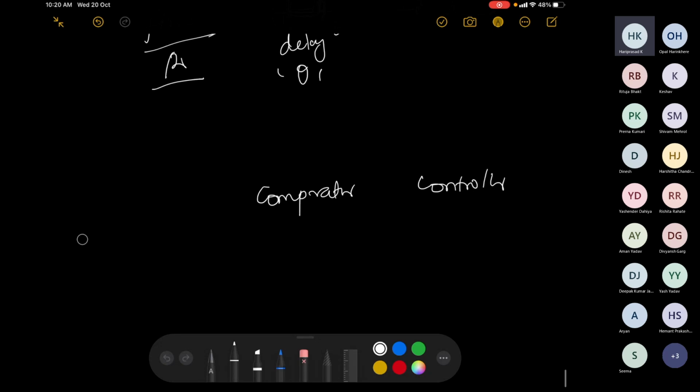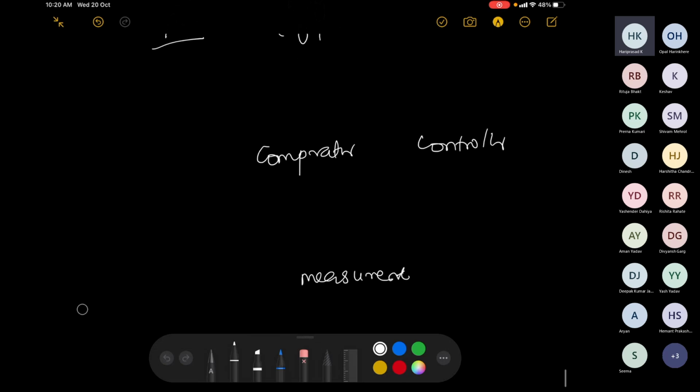Okay, and you have a signal coming out from your measurement. This is your measurement sensor. This is coming in here, and you do some comparison with respect to the set point. So this is like an addition term.